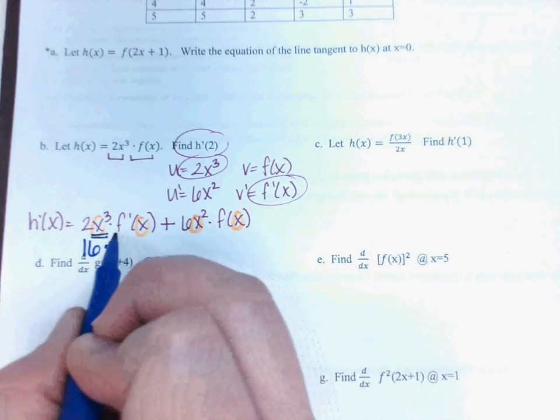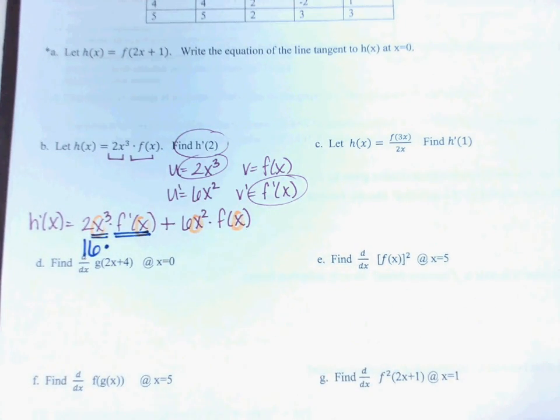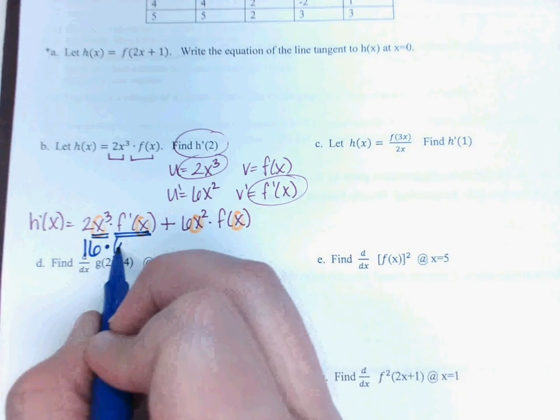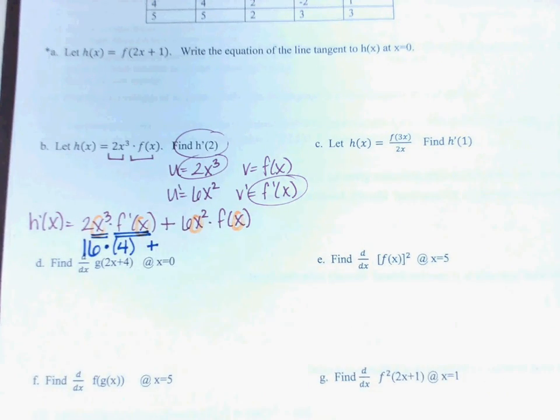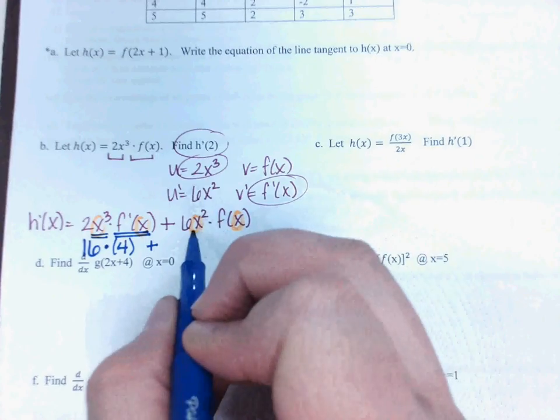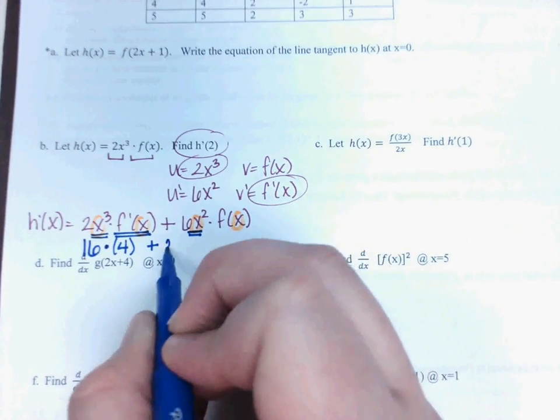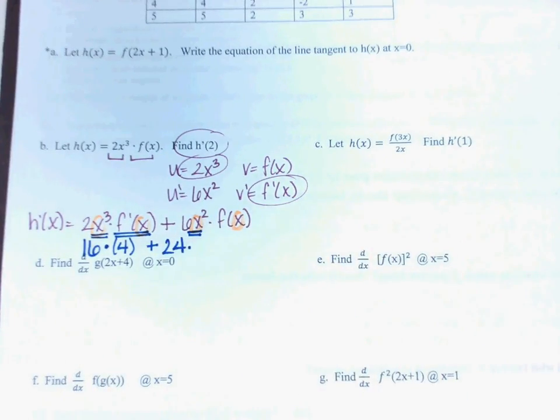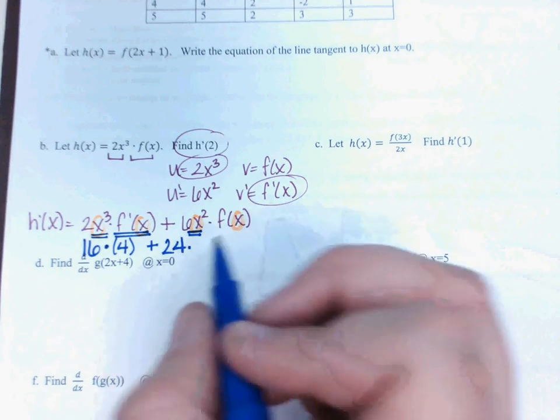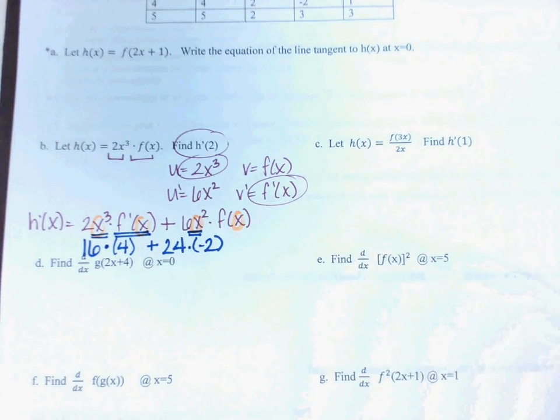Next, I want f prime of 2. Use your chart. f prime of 2 is 4. Plus 6 times 2 squared. What's 2 squared? Times 6 is 24. And then f of 2 gives me negative 2. So 16 times 4 is 64 minus 48.